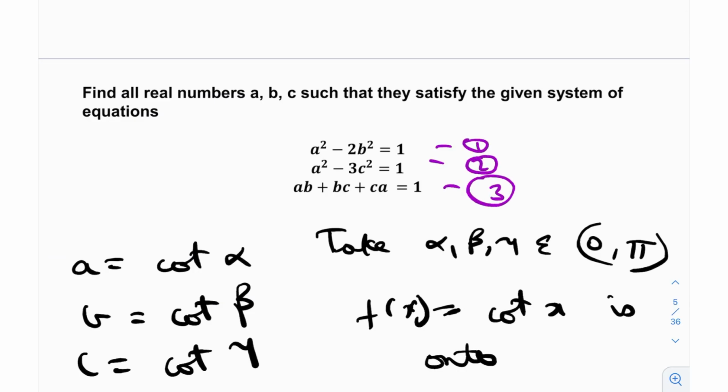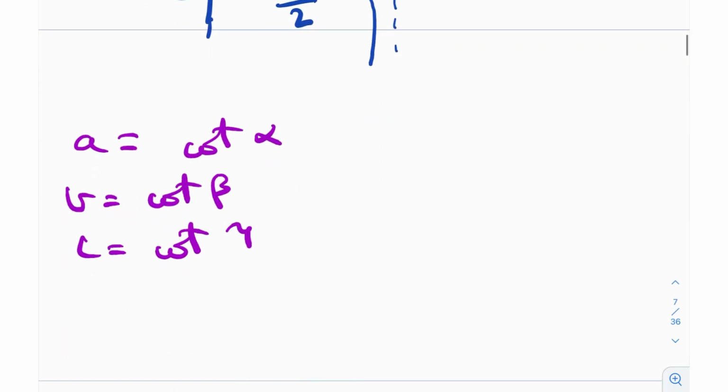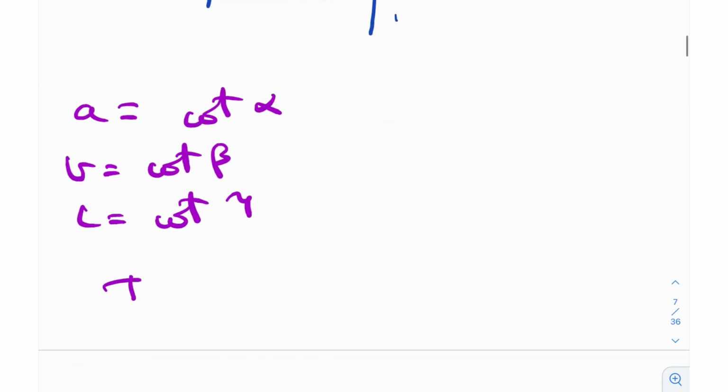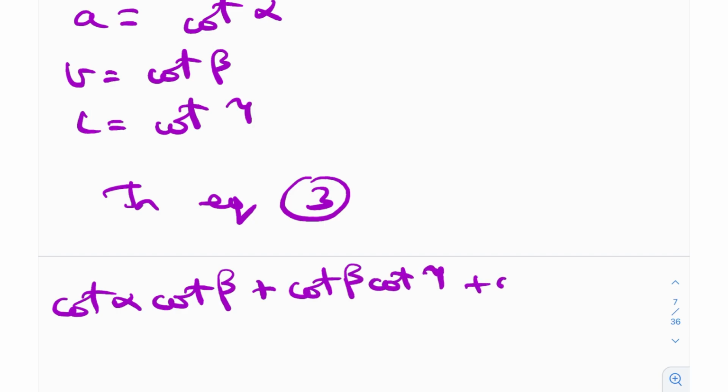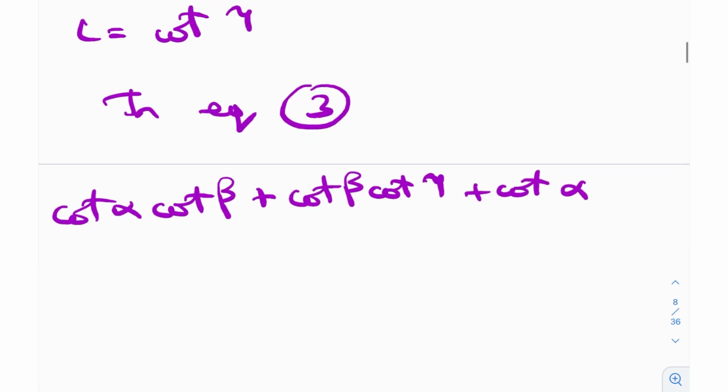If I use the substitution in equation 3, I'll get cotangent alpha cotangent beta plus cotangent beta cotangent gamma plus cotangent alpha times cotangent gamma, all of this equal to 1.